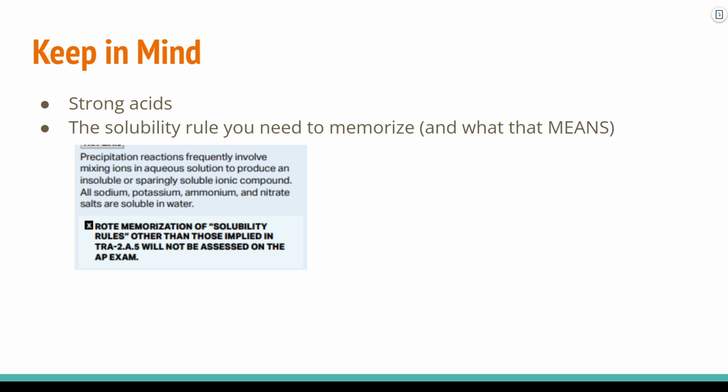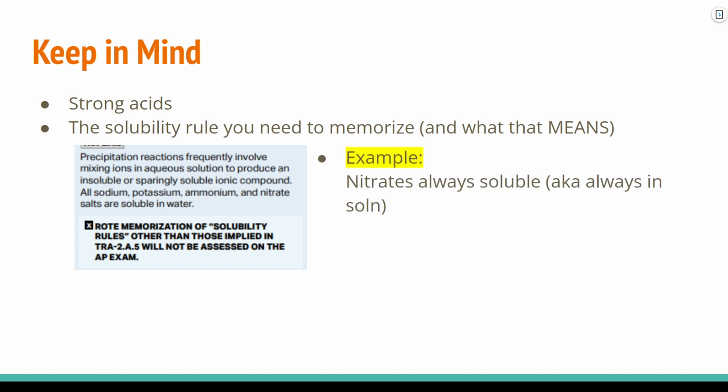So since they're always soluble in water, they're always going to be in solution. They're not necessarily going to interact to make an acid. So, for example, nitrate. Nitrate is NO3 minus 1. So if you try to get rid of some of the nitrate by adding a strong acid to it, well, HNO3 is a strong acid, nitric acid. Too strong. So it's not going to happen.